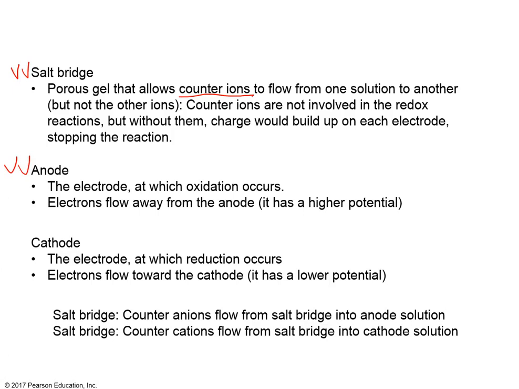So if you look at the salt bridge, the counter anions will flow from the salt bridge into the anode solution. That's why the electrode in there is called an anode. While counter cations will flow from the salt bridge to the cathode. That's why the electrode over there is known as a cathode.